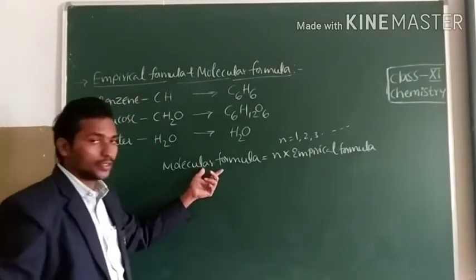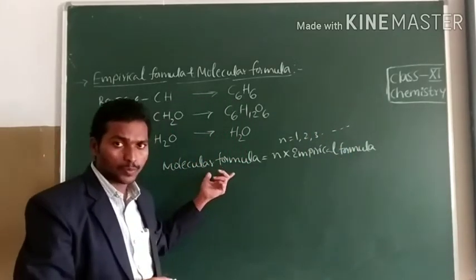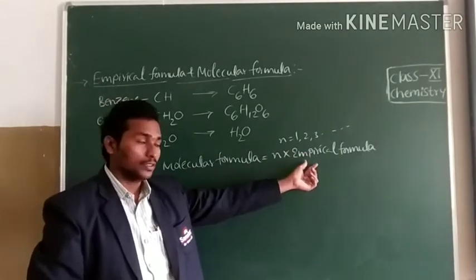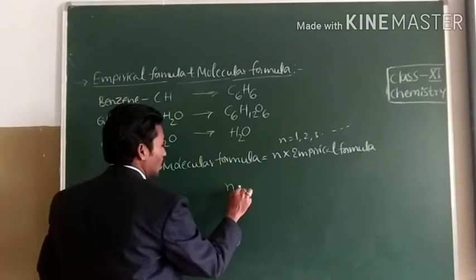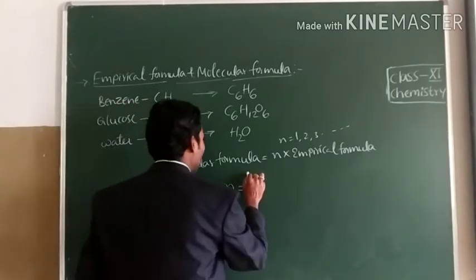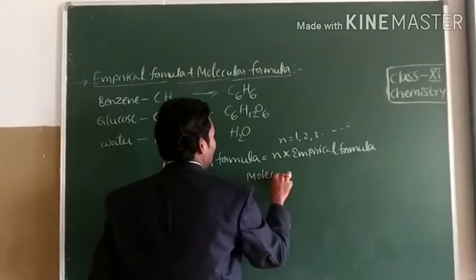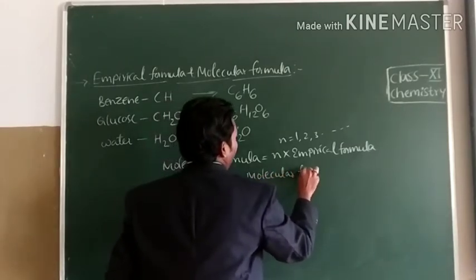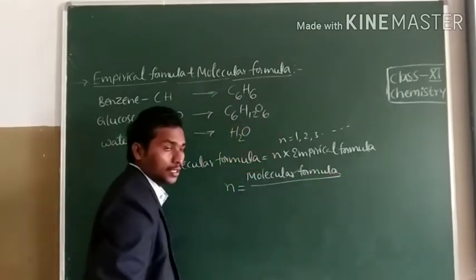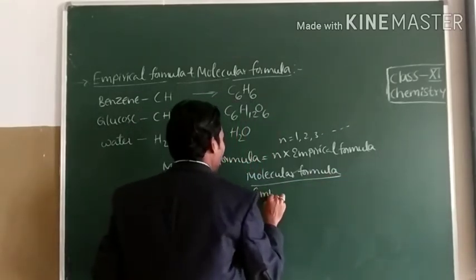If you want to find the molecular formula of the given substance, then we must know the n value and the empirical formula. And if you want to find the n value, it is the ratio of molecular formula upon empirical formula.